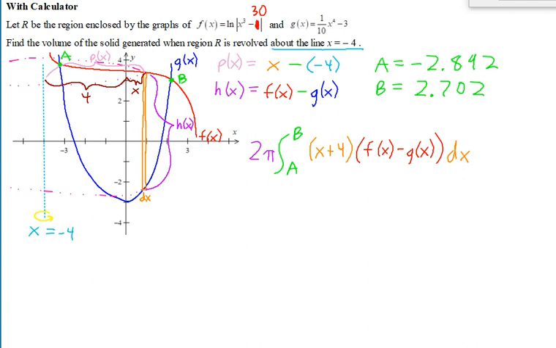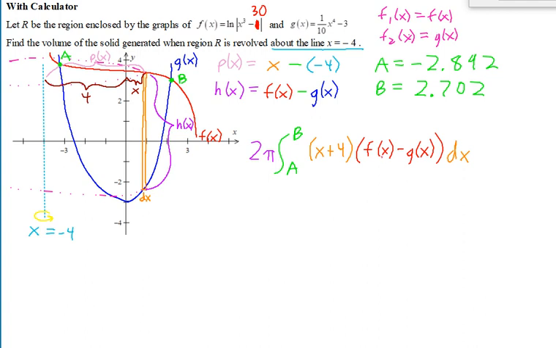Or the same thing if you have the Inspire, don't put f1 of x minus f2 of x. The only way you could do that is if you wanted to define them up above. y1 and y2 you can't use at all because they're not functions of x. If you want to use f1 of x and f2 of x, you could, but then what you'd have to do is write down f1 of x equals f of x, and then f2 of x equals g of x.